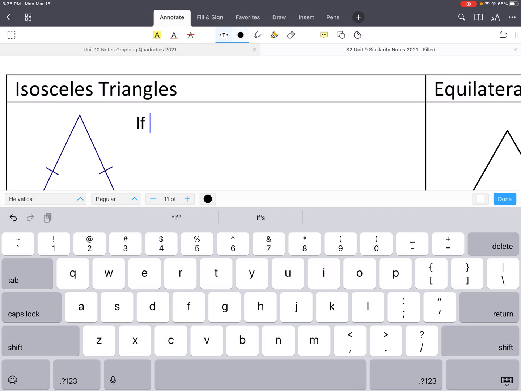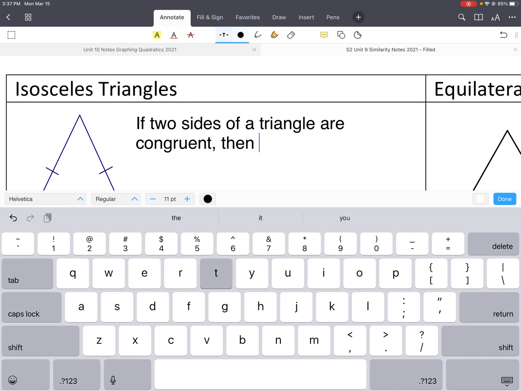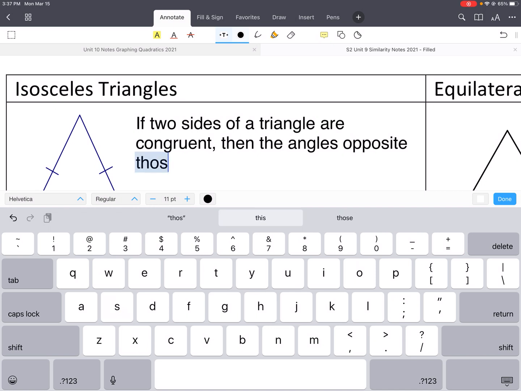Okay, if two sides of a triangle are congruent, and again, congruent means like equal to, then the angles opposite those sides are congruent.